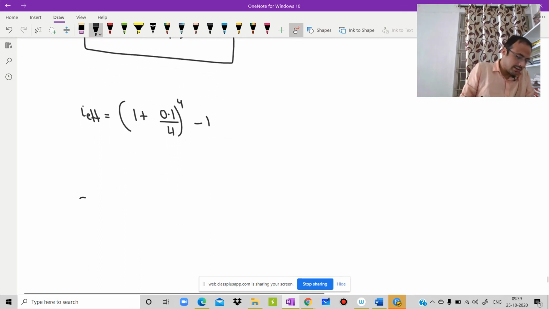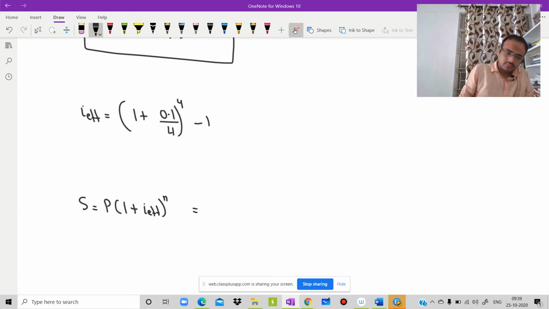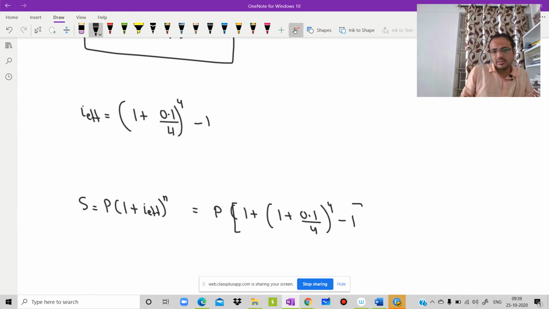But you want to calculate S, that is P into (1 plus I effective) to the power N. So P into (1 plus I effective), where I effective is (1 plus 0.1 divided by 4) to the power 4 minus 1.